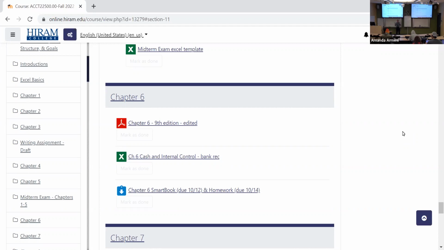Right? And in chapter 6, even though we're going to be hyper-focused on cash, which is an asset, we still are going to make a few journal entries as it relates to cash, right? So we still need to know how to increase and decrease each one of the elements of our accounting equation, right?